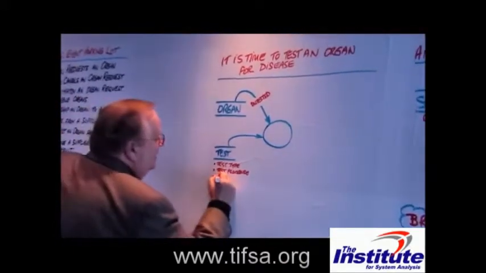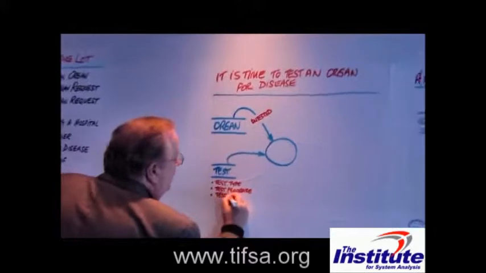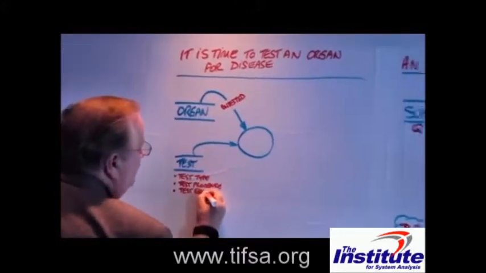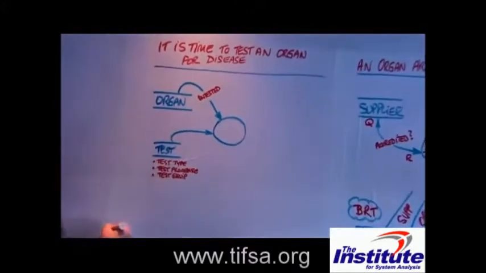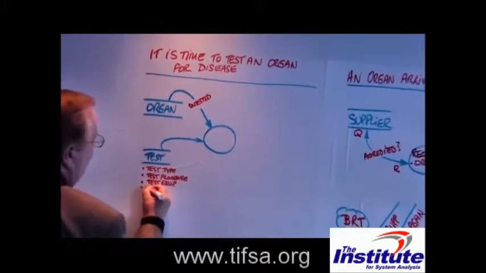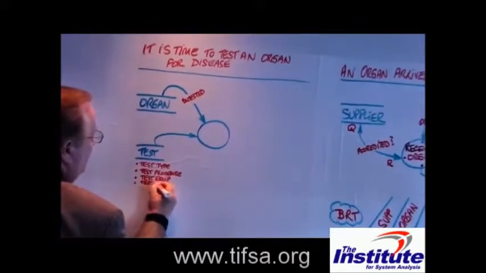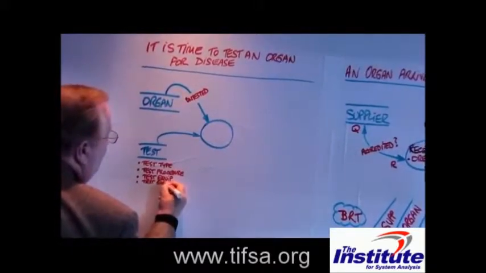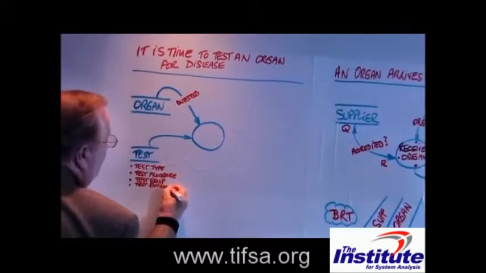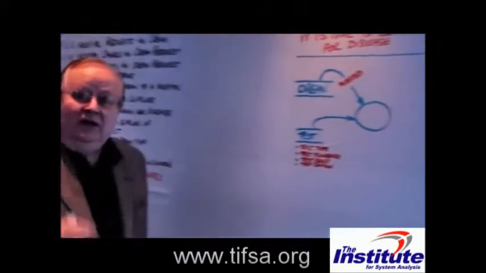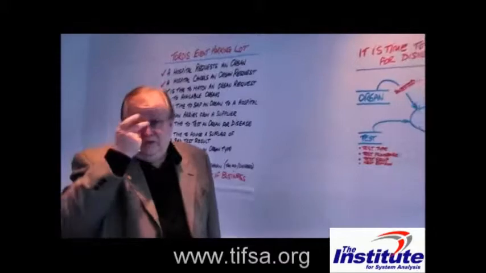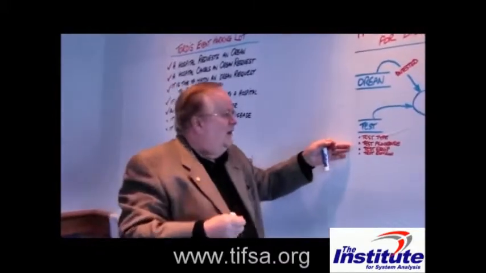We might have the test equipment that's required. We might have the test environment. That's required as well. And there could be a whole lot of different things that we won't go any further than that at this point.